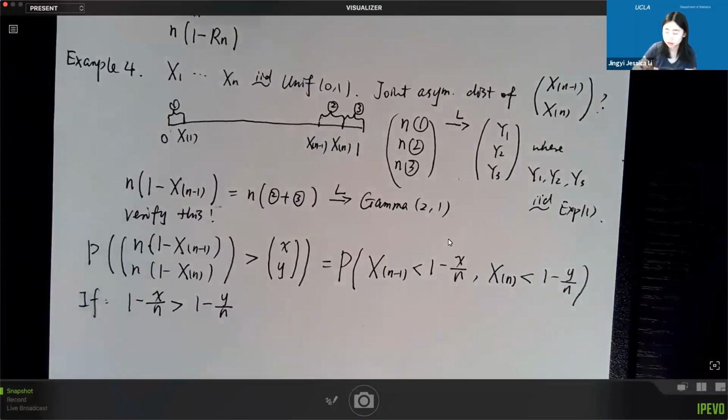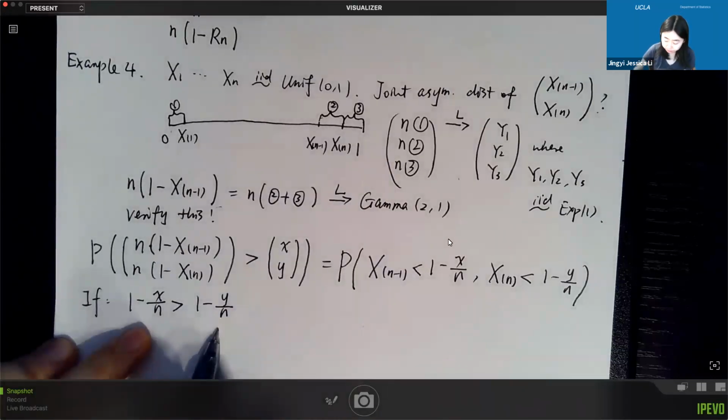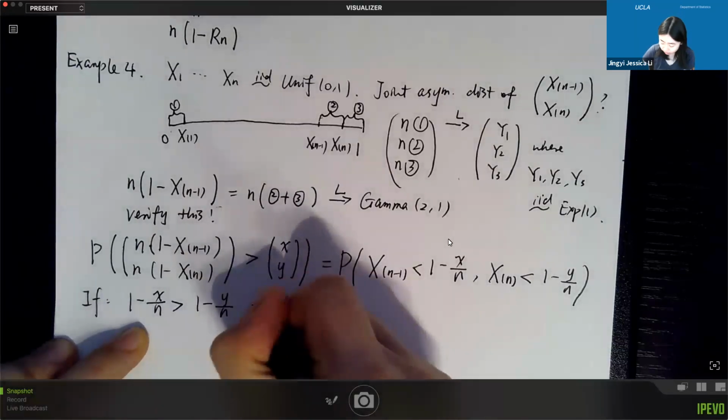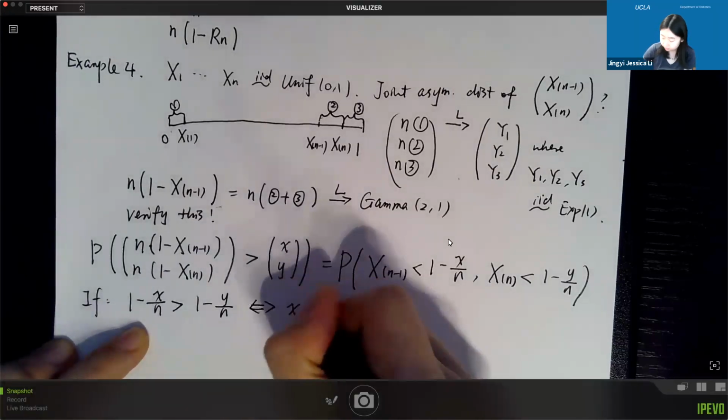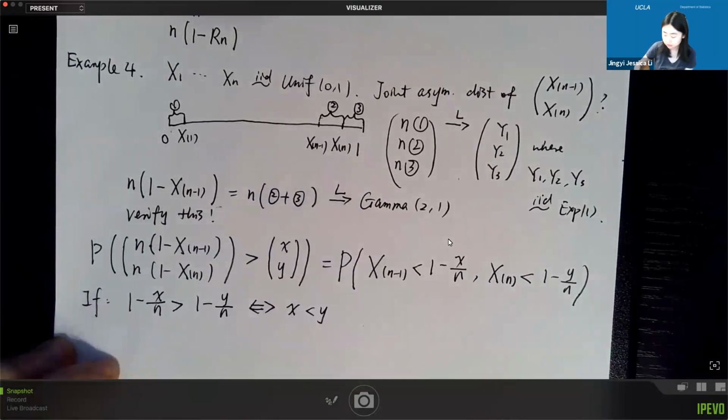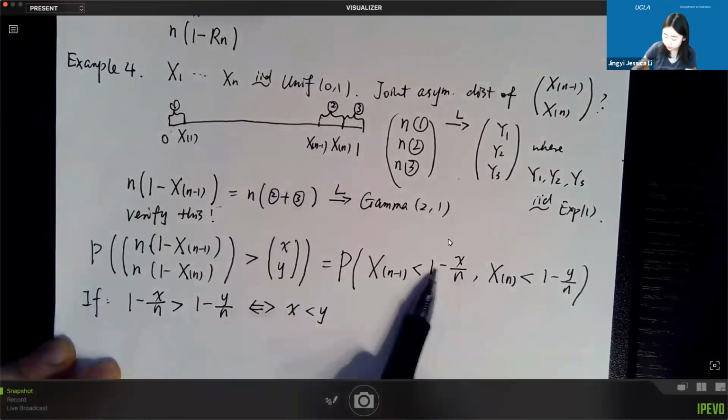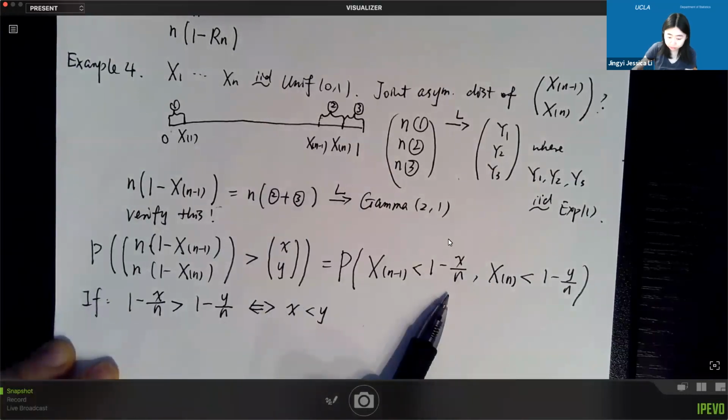It doesn't provide us additional information. So when will this happen? You can easily see that this will happen when x is less than y. So when x is less than y, the first bound is not useful, right?